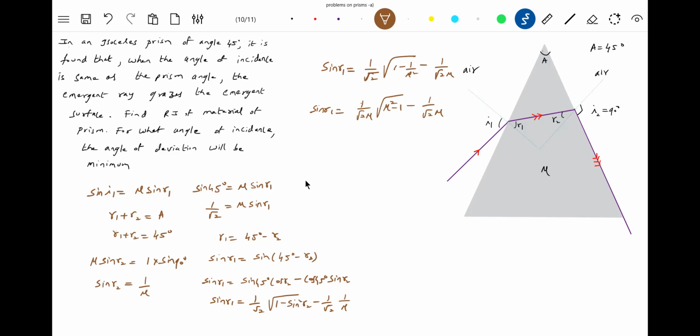We have to calculate the refractive index of the material, no? First we should calculate sine R1. So mu sine R1 is equal to 1 by root 2, this is equation 1. Equating, 1 by root 2 equal to root of mu square minus 1, over root 2.